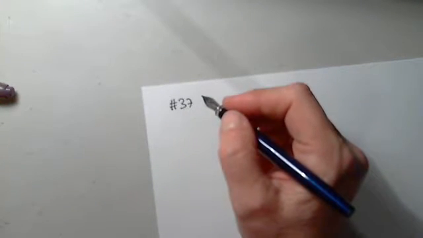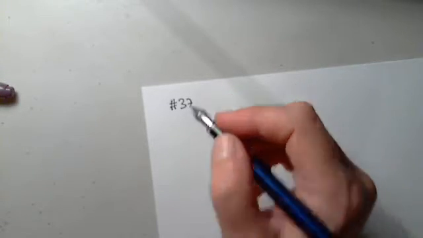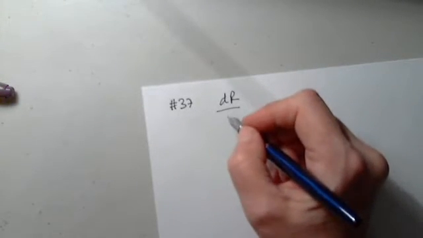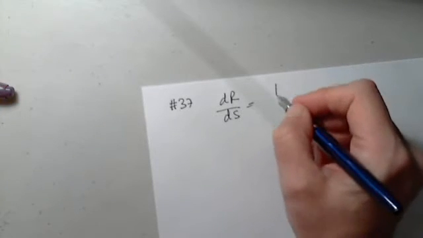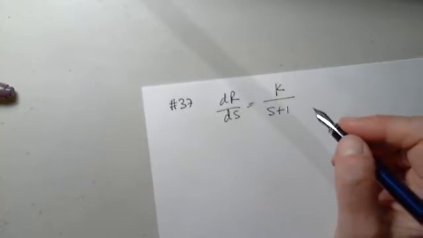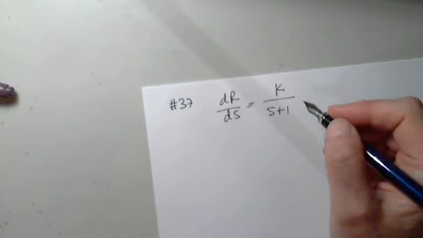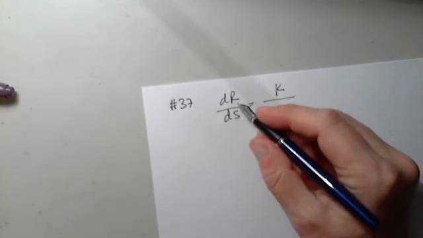We're given the reaction R in pleasure units by a consumer receiving S units of a product. So we are given dR over dS equals k over S plus 1, where k is a positive constant. Use separation of variables to solve the differential equation. So we are asked to find R.